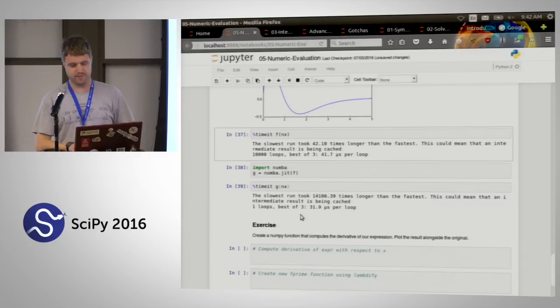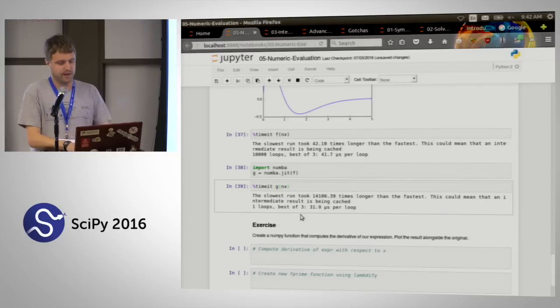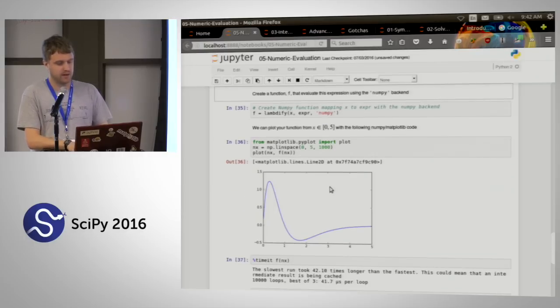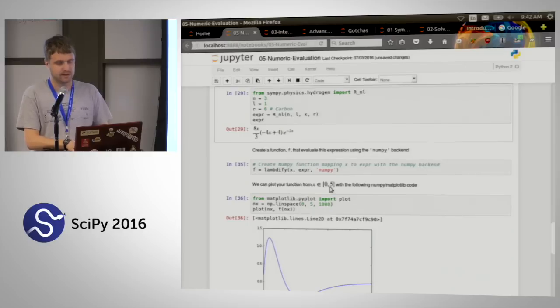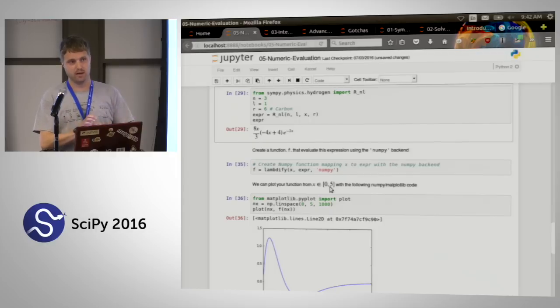So for example, if I take numba.jit of our lambdified function and use that instead, that's going to be a little bit faster. And the time difference will be more and more significant the more complicated this expression gets, because basically the more terms you have, the more NumPy has to do all this unboxing, which is what makes it inefficient.